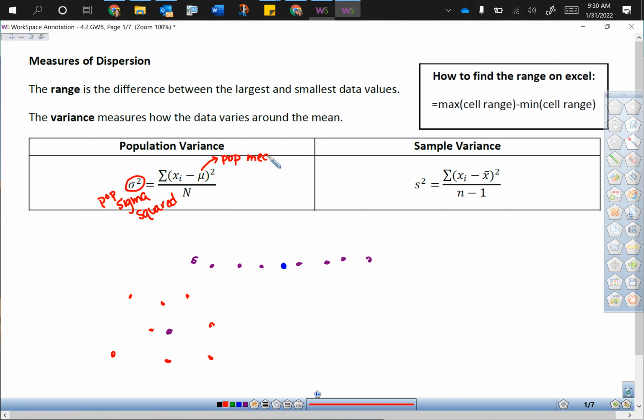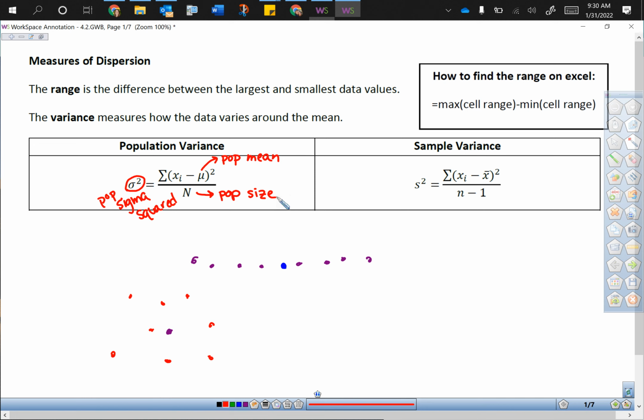Population mean. So we're taking the sum of the difference between a given data point and the population mean, and then we're squaring it, okay? Then we're going to divide it by capital N. Do you guys remember what capital N stood for? Population size, okay? Just a reminder, on our last assignment we had that little box with all those symbols, and that's when we first learned them. You really need to know what those stand for on the test.